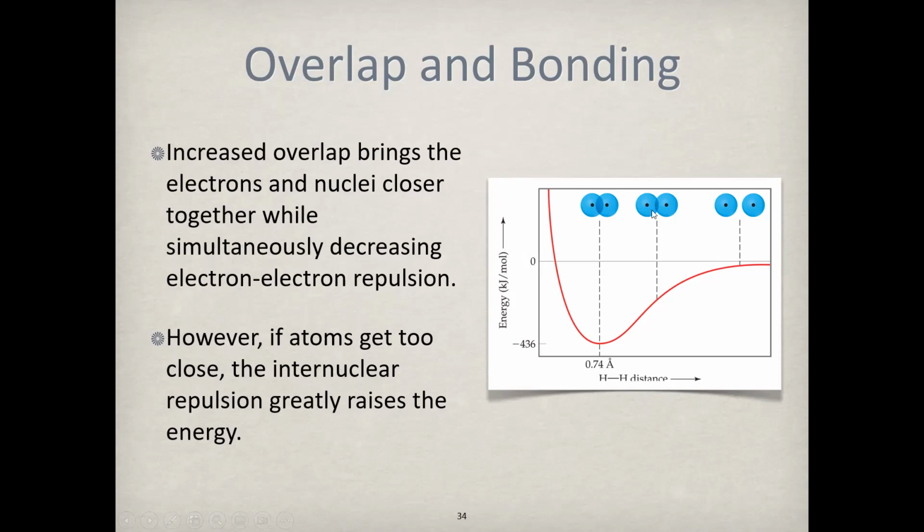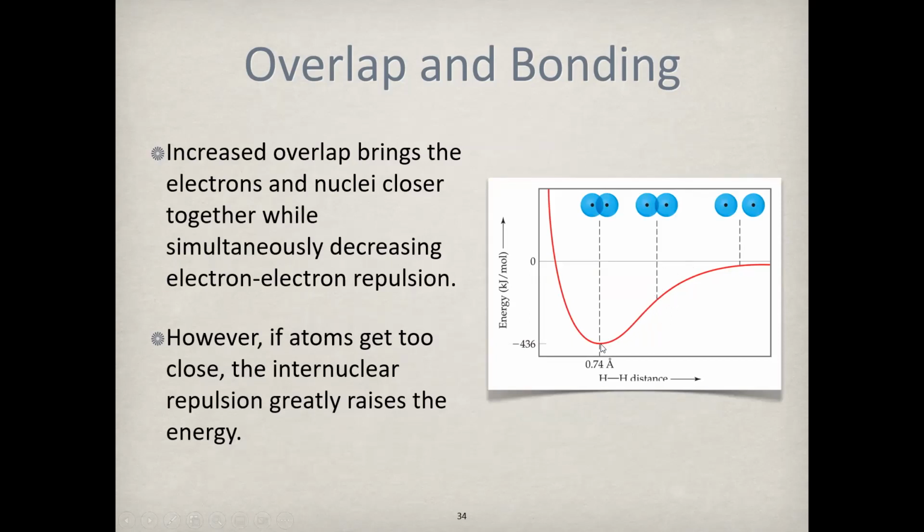But when we start to have those orbitals overlap, what we're going to see is the energy is going to start to decrease, because with this process, the positive nucleus or nuclei of these atoms are going to reduce the repulsion from just the electron-electron repulsion there. So it's going to be a little bit more energetically favorable.